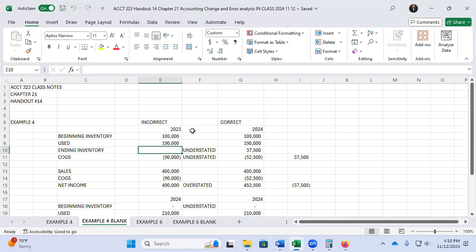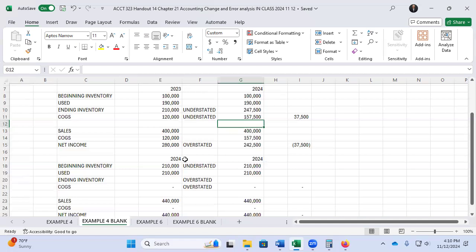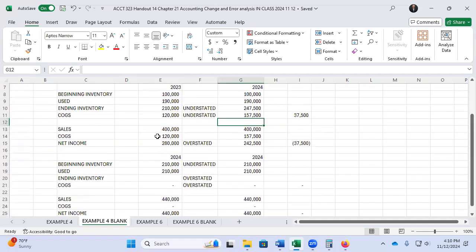I filled all this out, and I can't remember the numbers I used, but let's see how I went about all this and how I came up with that number. It said that our ending inventory was understated in 2023, and so our cost of goods sold should have been 157, let's say, for example.